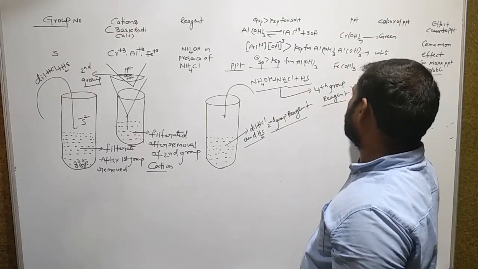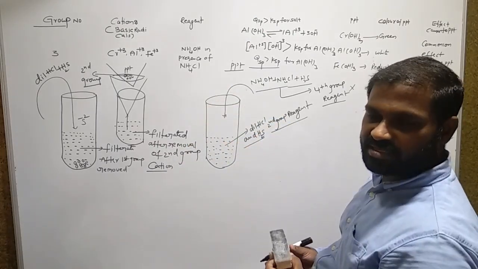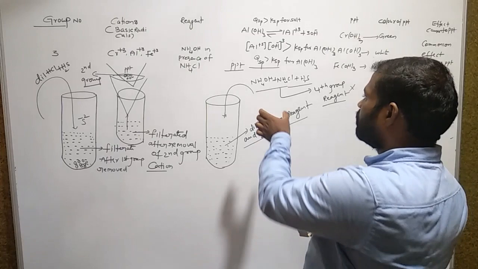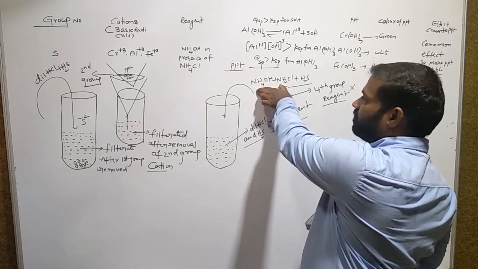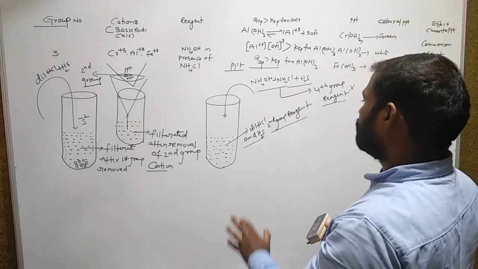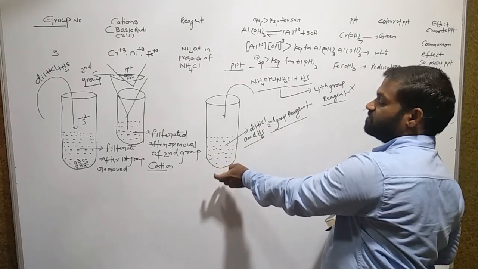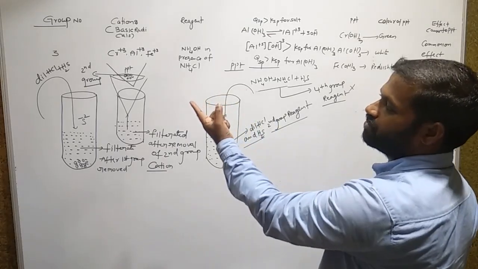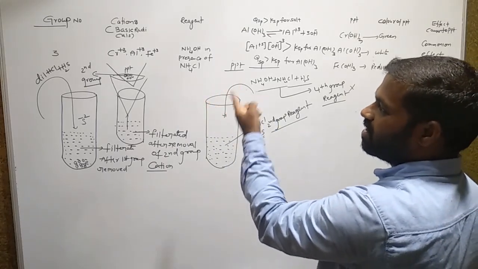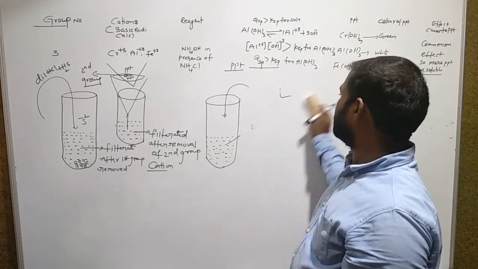But our analysis is only for the third group. Clear, all of you? So only these reagents are enough for identification of third group cation. So we remove this dilute HCl and H2S from this filtrate before going to analyze third group cation. Is it clear, all of you? That is very, very important.